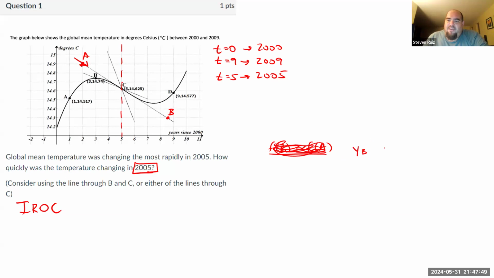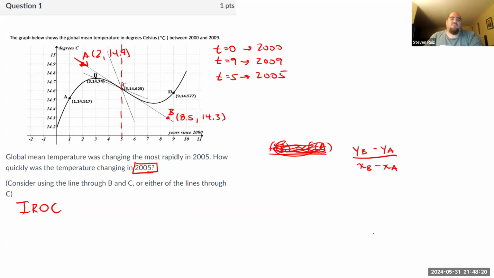Let's do the y value at B minus the y value at A over the x value of B minus the x value at A. So let's find the coordinates of these points. This looks like 8.5 comma 14.3. And what's happening at A? This coordinate looks like x equals 2, y equals 14.9.